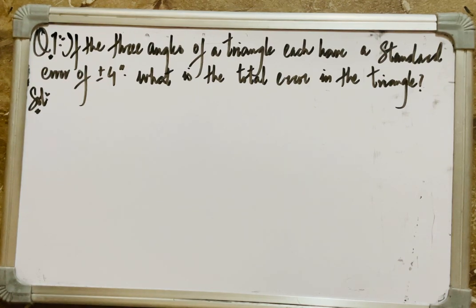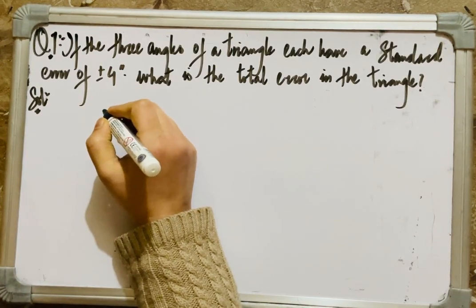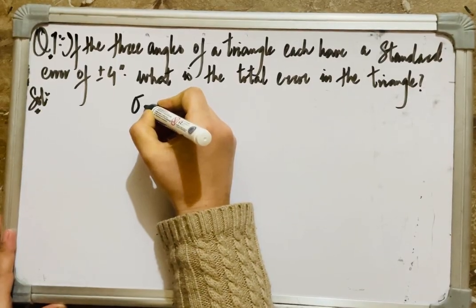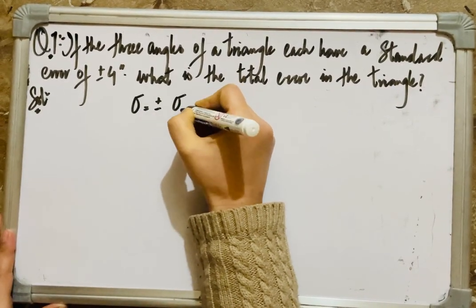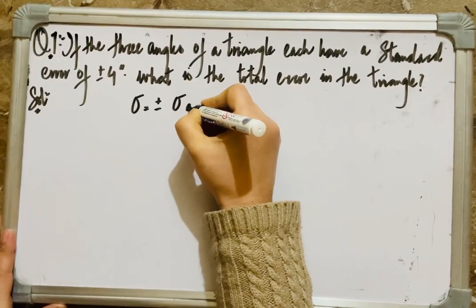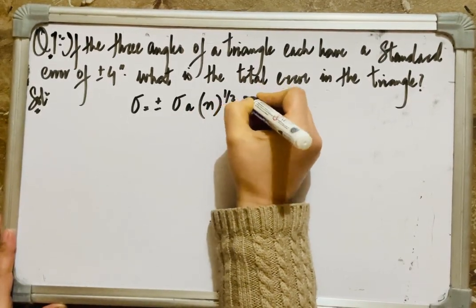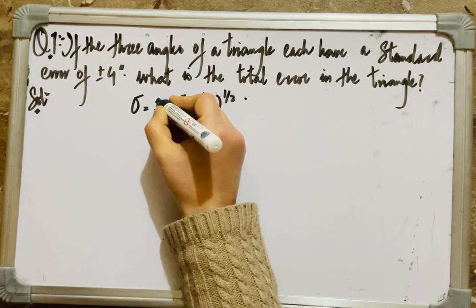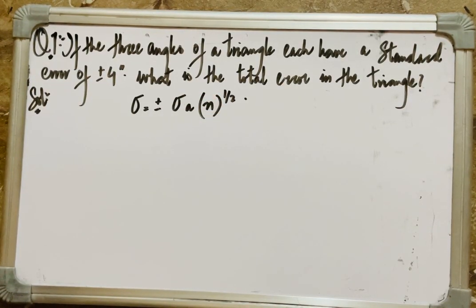All right. So this is the case of summation of the quantities. By the general expression, sigma is equal to plus minus, we have studied this during propagation of standard errors. This is the case of addition of quantities and finding the combined effect on the computed or derived quantities.